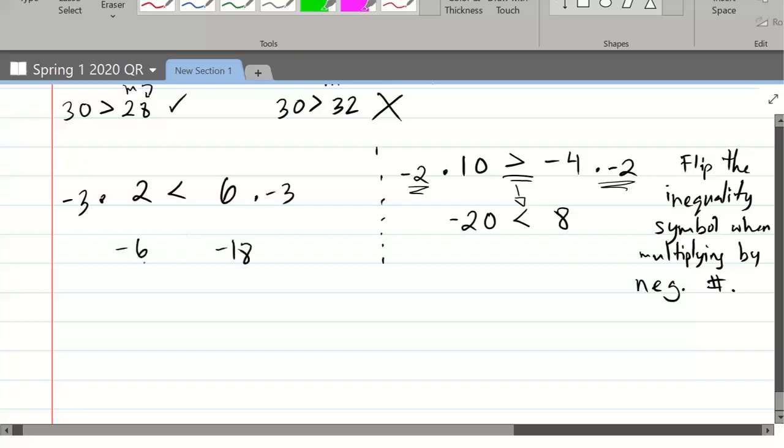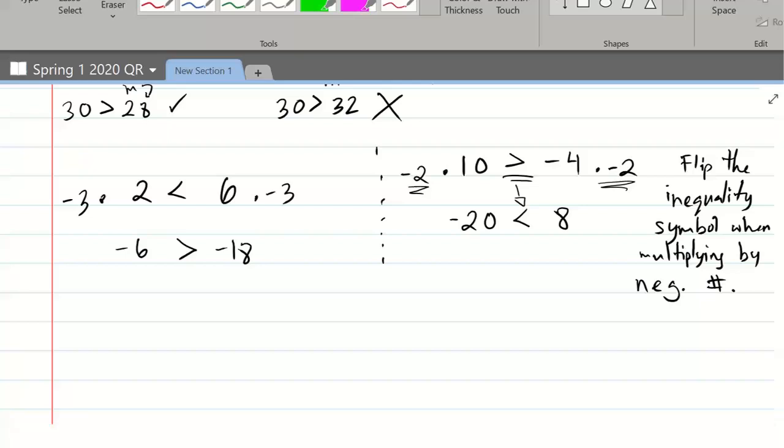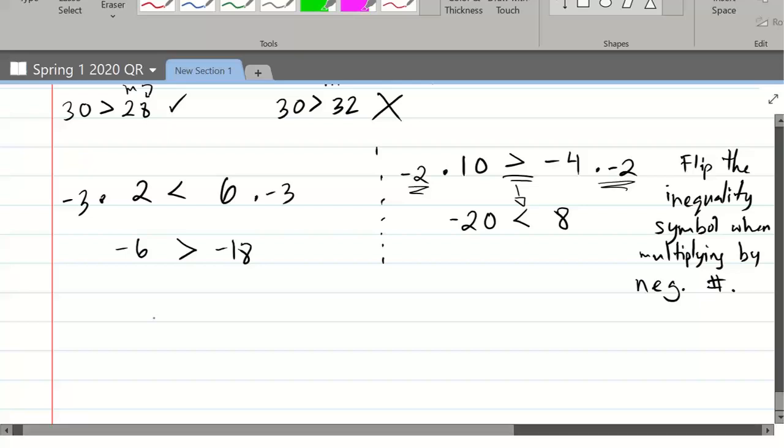Again, negative 6 is not less than negative 18. Negative 6 is greater than negative 18, right? And the same thing holds for if you have less than or equal to, greater than or equal to, right? Again, initially 2 was less than 6, but negative 6 is greater than negative 18, right?